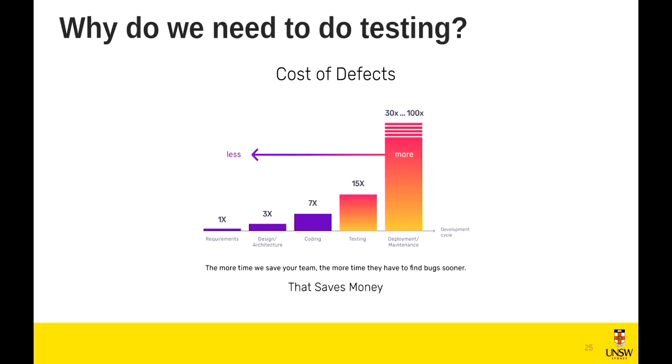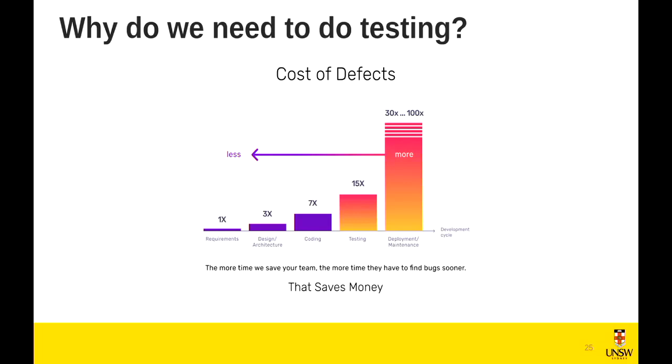And those are some examples of bugs, and the cost of fixing these bugs. You may have seen this diagram a lot. So the later you find the bug, the more it costs you to fix it. If you find a bug when you are doing requirement engineering, then it's easier because you are not doing coding.